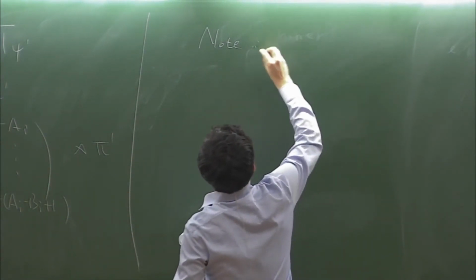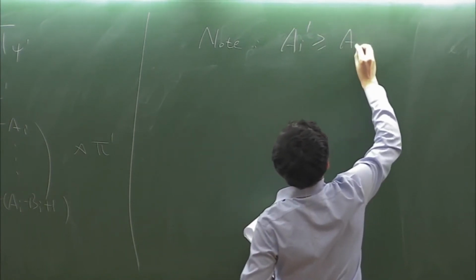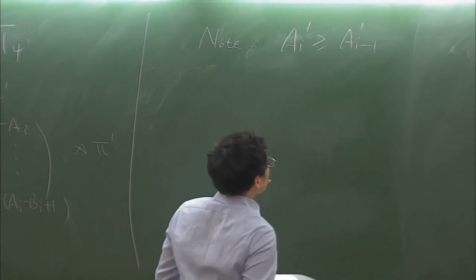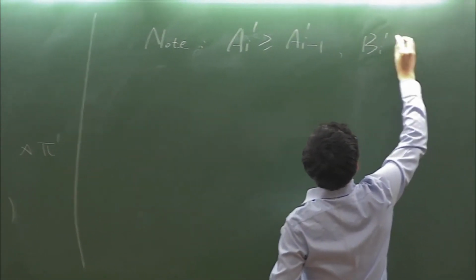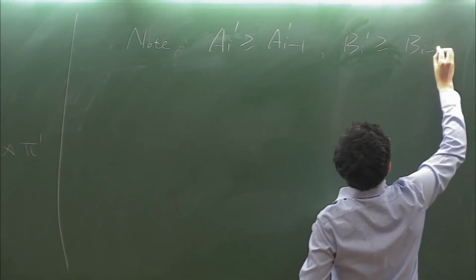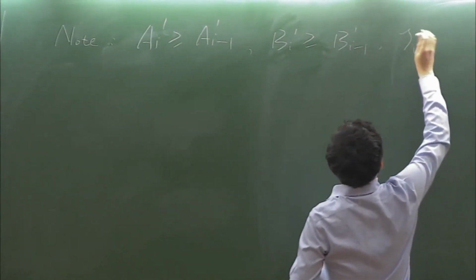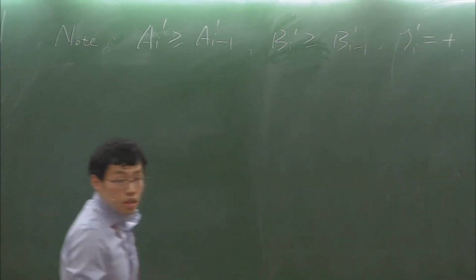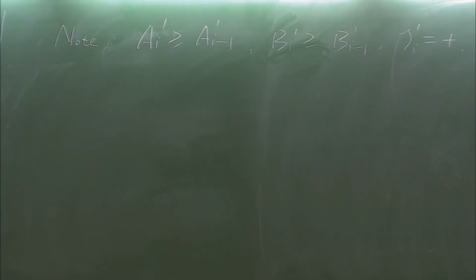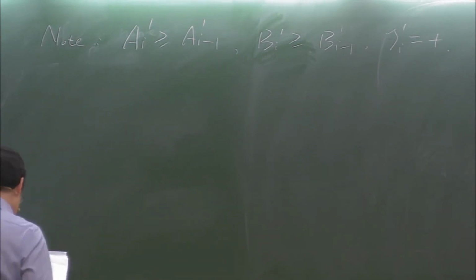For each A_i prime, it's going to be bigger than or equal to A_{i-1} prime, and B_i prime is bigger than or equal to B_{i-1} prime. And we are taking all these zeta_i prime to be plus. Okay. So it satisfies these properties. And in fact, our second theorem will apply to all the cases with this property.